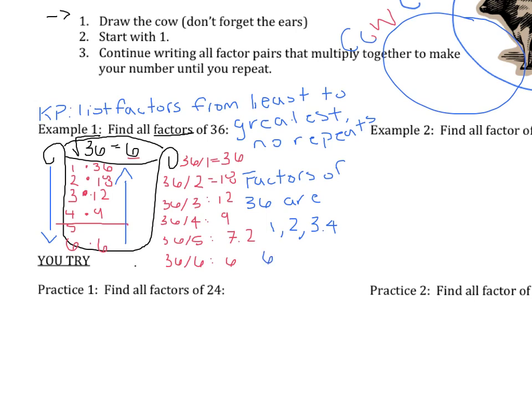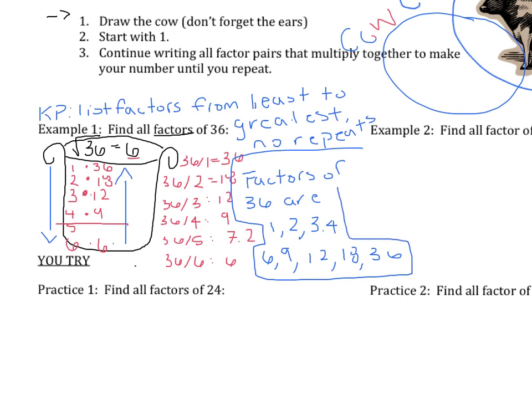I'm not going to write 6 again because we've already written it once. So I'm not going to write this 6 right here. 9, 12, 18, and 36. So the factors of 36 are 1, 2, 3, 4, 6, 9, 12, 18, and 36.